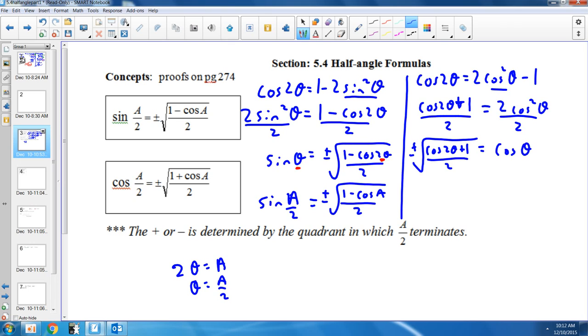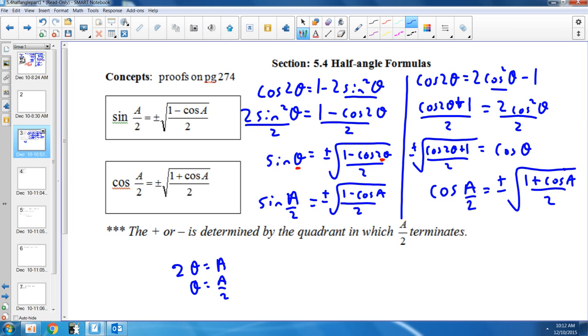I'm going to do the same substitution as I did over here. So my theta becomes A divided by 2. I'm also going to switch the sides. So it's going to be cosine A over 2 equals plus or minus the square root of, I'm just going to change this 1 by the commutative property, 1 plus cosine A divided by 2.